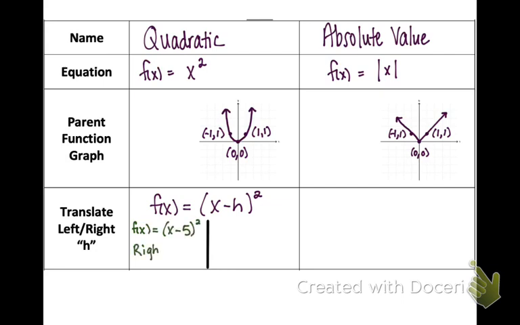First of all, if we had a -5 in the parentheses, that would go right 5. Now, you're probably saying, hold on, a -5, that seems like it should go to the left, but that's not the case. Right is always a minus on the inside. If we have a +7 on the inside, where our h goes, then that's going to go left.